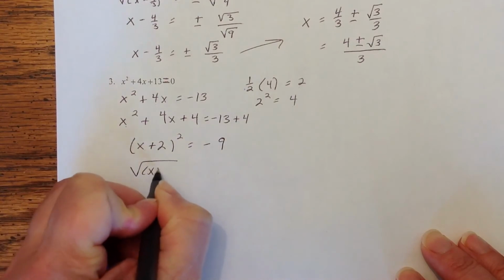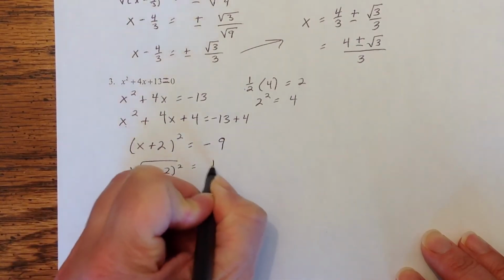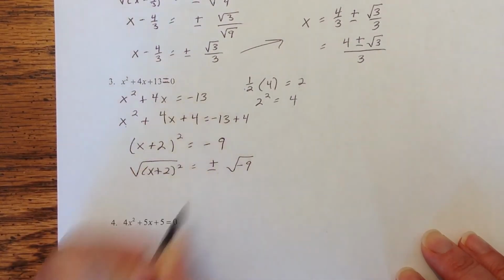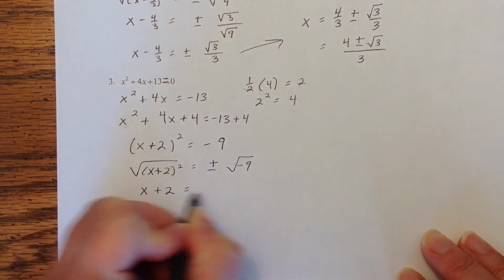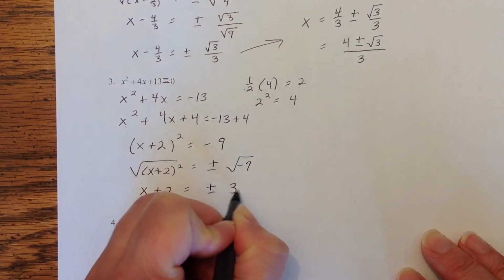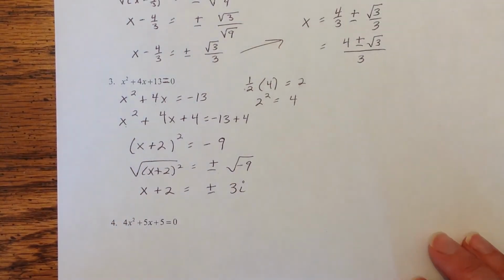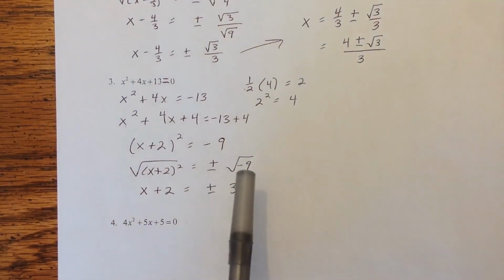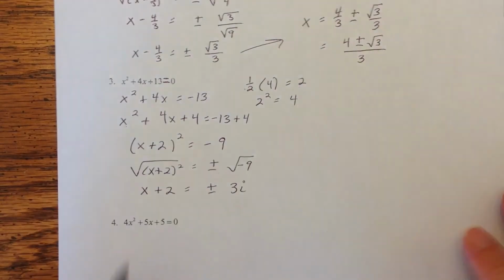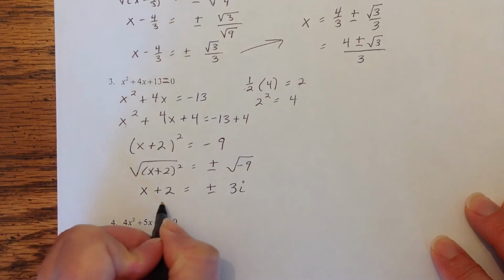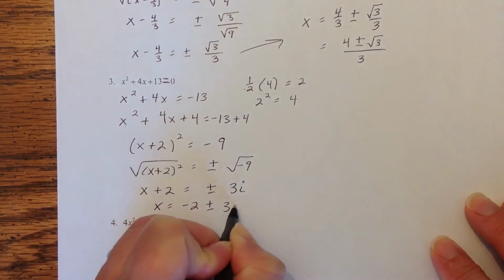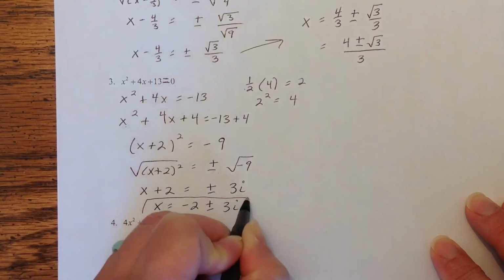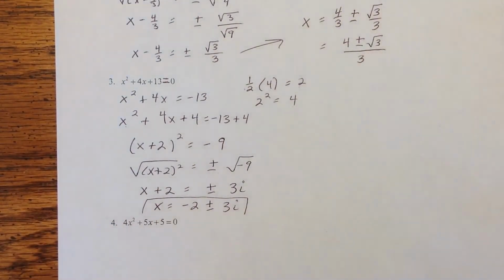So I can take the square root of both sides, not forgetting my plus or minus. So I get x plus 2 equals plus or minus, this is 3i. We are now always going to take the square roots of negatives and produce an imaginary value. I'm going to subtract my 2, and I get x is equal to negative 2 plus or minus 3i. And those are my two answers.